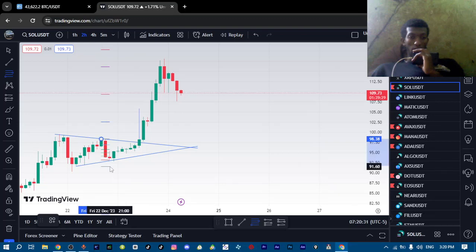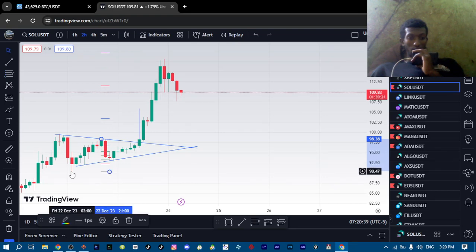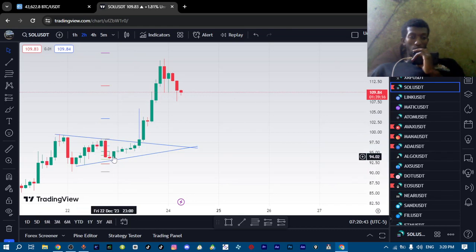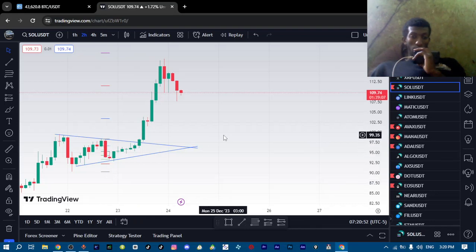All you have to do is find a swing low and a swing high. In this case, the swing low is found here. This is a swing low, this is a swing high. Before the market launched up, the price, what did it do?